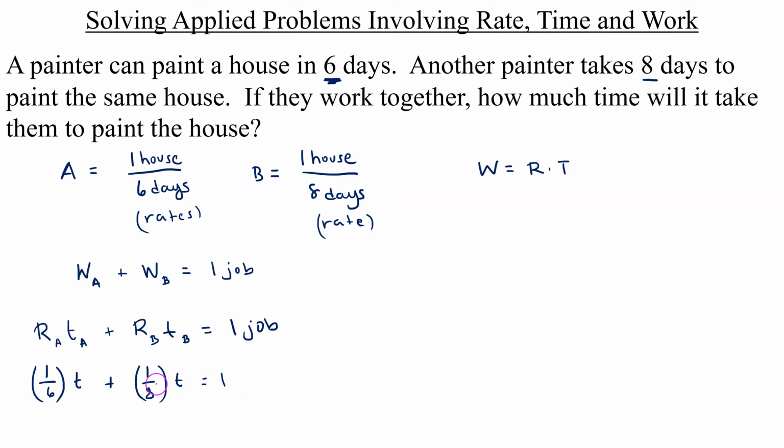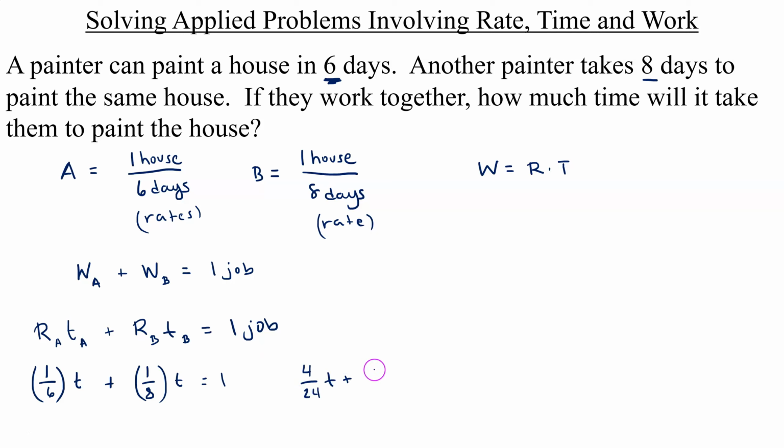And there are different ways that you can approach this. You could clear the denominators, or you could find the least common denominator and add the fractions. It doesn't matter; whichever way appeals to you is how you should do it. What I did is I found a common denominator. So 1/6, I changed that to 4/24.